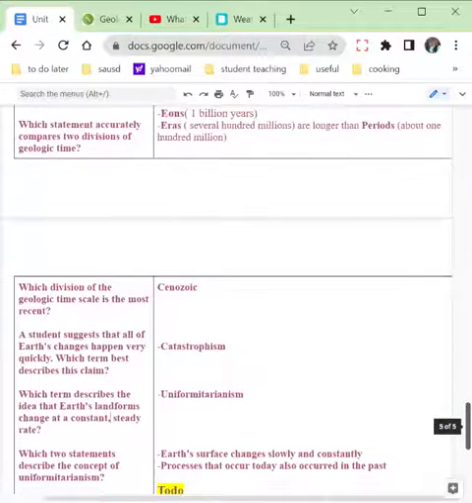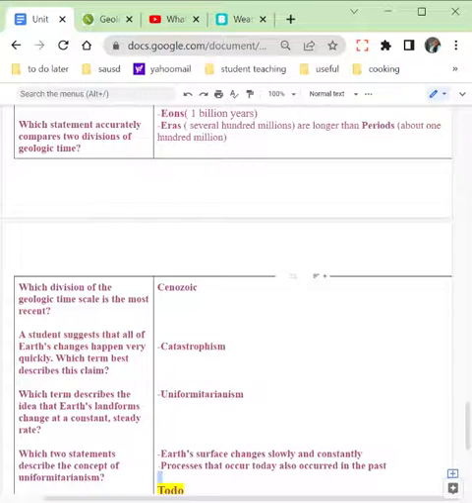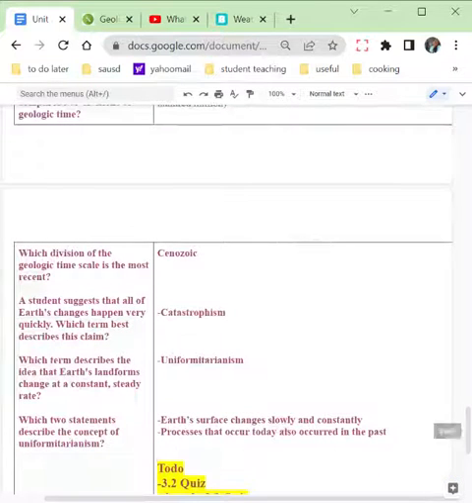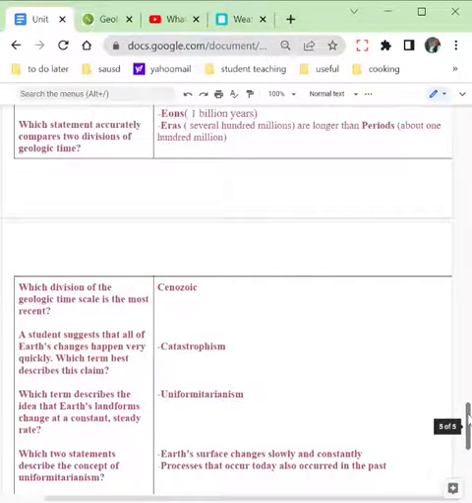And then two statements that help support uniformitarianism are that Earth's surface changes slowly and constantly, because we witness that. We see a lot of mountains slowly chip away through weathering, like rain.